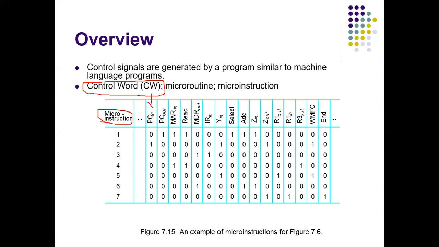The first column represents PC in, next PC out, MAR in, read, MDR out, IR in, Y in, select. Select here represents select 4. If it is 1, it will select 4. If it is 0, it will select Y. You recall the diagram of the ALU in a single bus architecture.